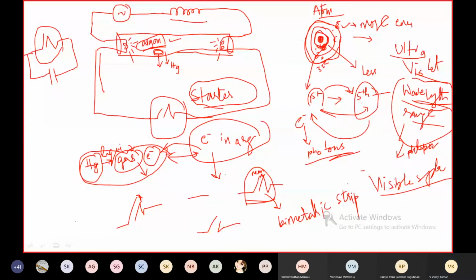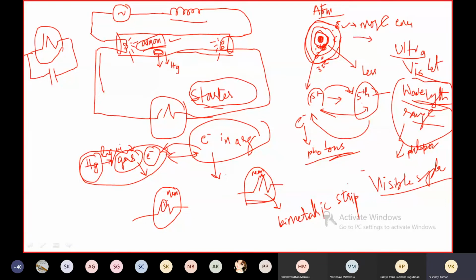The initial current causes an electrical arc between the electrodes, which ionizes the gas present inside this neon lamp.